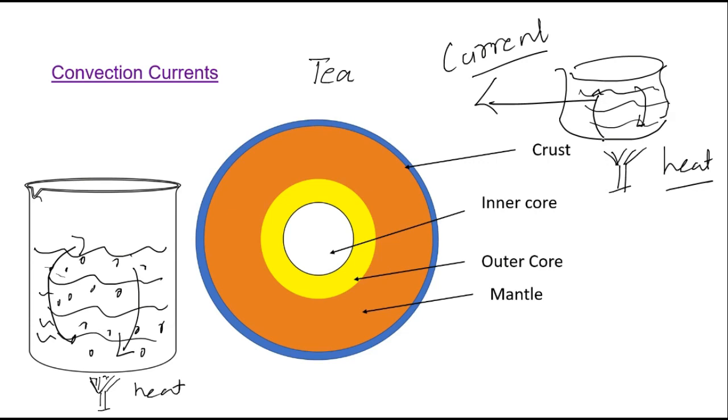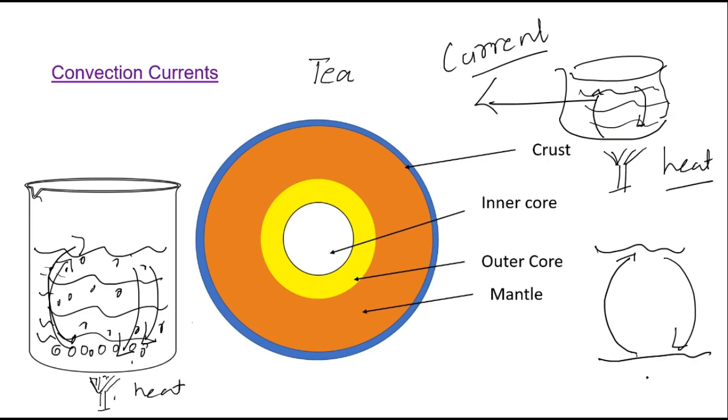Understood? What is actually happening is that the molecules of water, particles of water at the bottom, receive heat first and they move further to the top. And the rest of the particles will come down. So there is continuous circulation of hot water to the surface and cold water to the bottom when water is being heated, right? And this is what is called convection current.